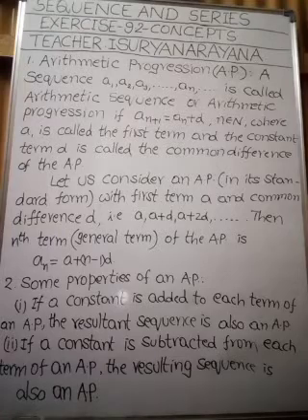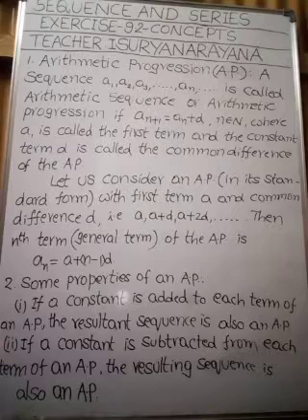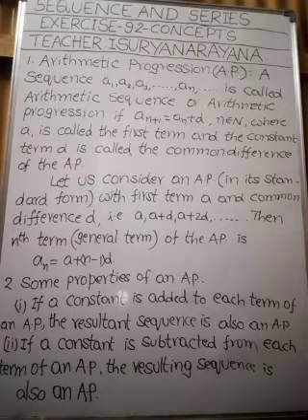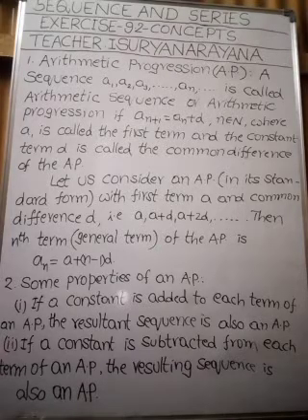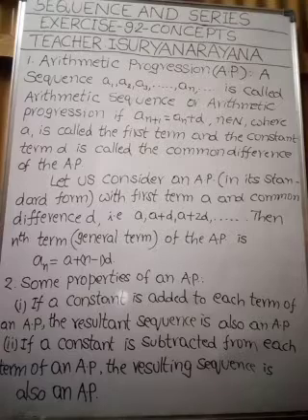I hope you have understood the concepts of exercise 9.1. We have completed the sums in the exercise 9.1 as well. I hope you have learned well the sums in the exercise 9.1.